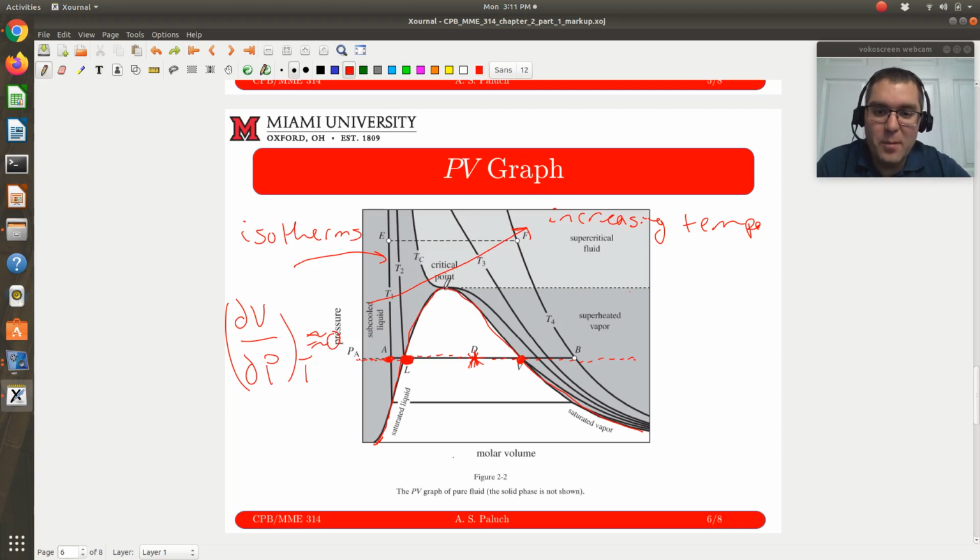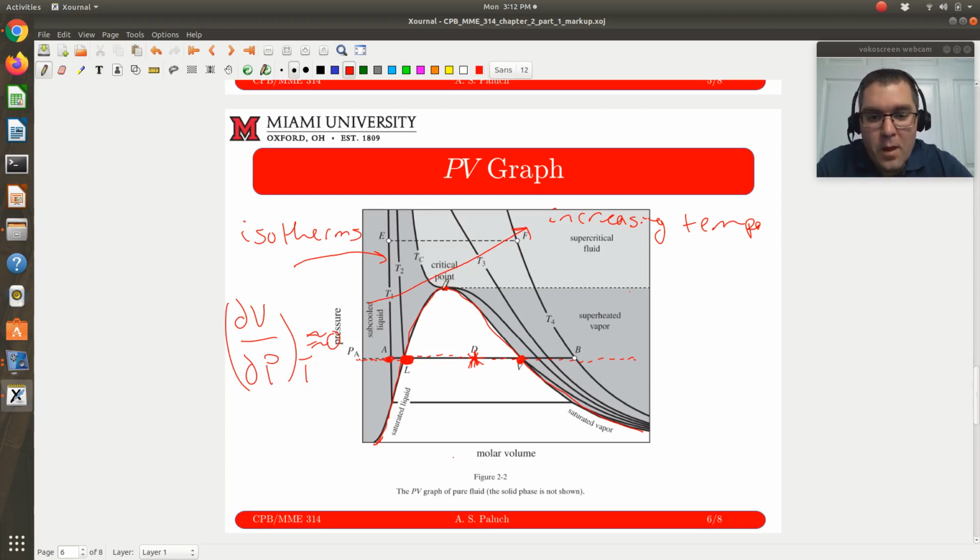We call this the critical point. Here we can use PC and VC, or it's common to use PC and TC, if I look at this isotherm, TC corresponding to the critical isotherm.